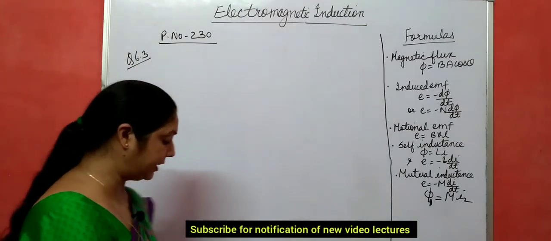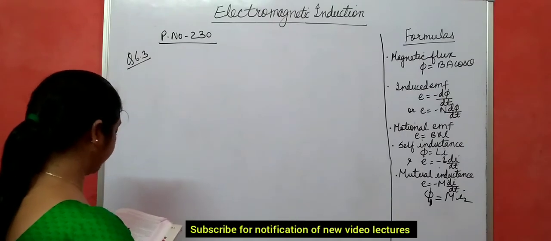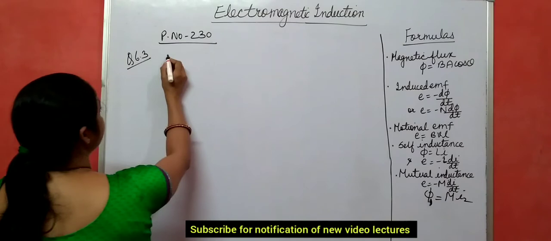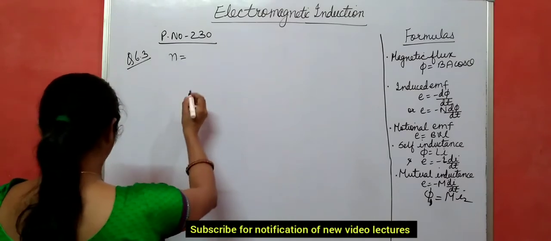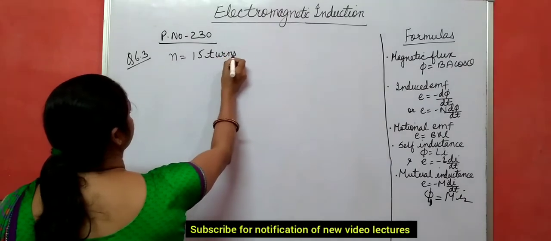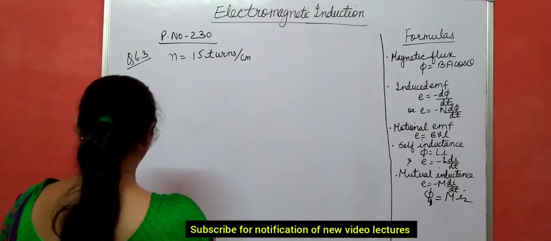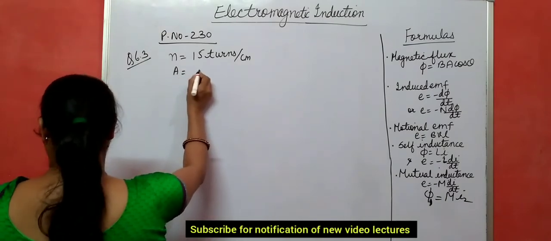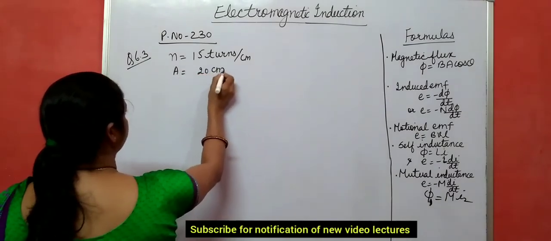So you have to write down everything given in the question. First is the number of turns per centimeter, it means small n is given. This is 15 turns per centimeter. It has a small loop of area, and the area is given, that is 2.0 centimeter square.